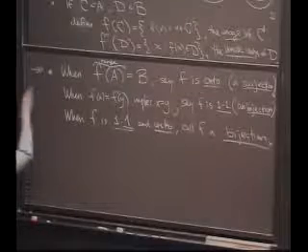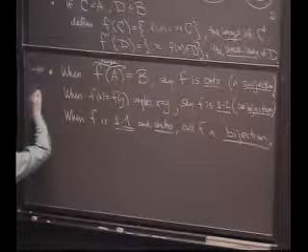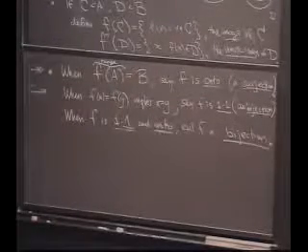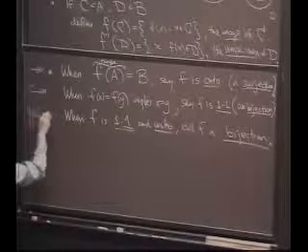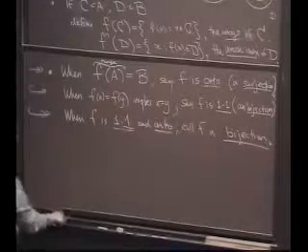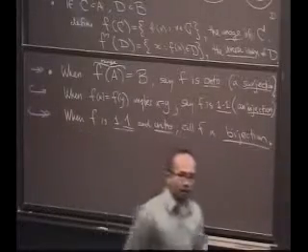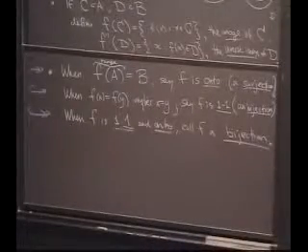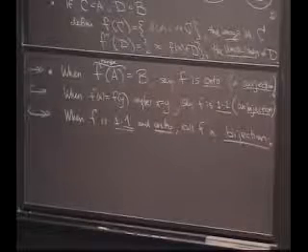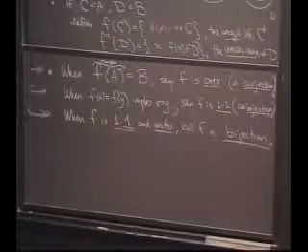For injection, we imagine a little hook here. And a bijection is sometimes in shorthand written with both the hook and the double pointer. Okay. Happy with that? So that's just to get a little bit of terminology out of the way.